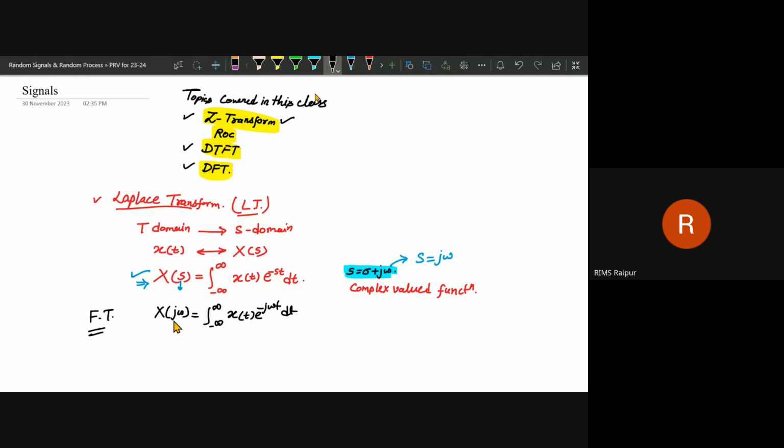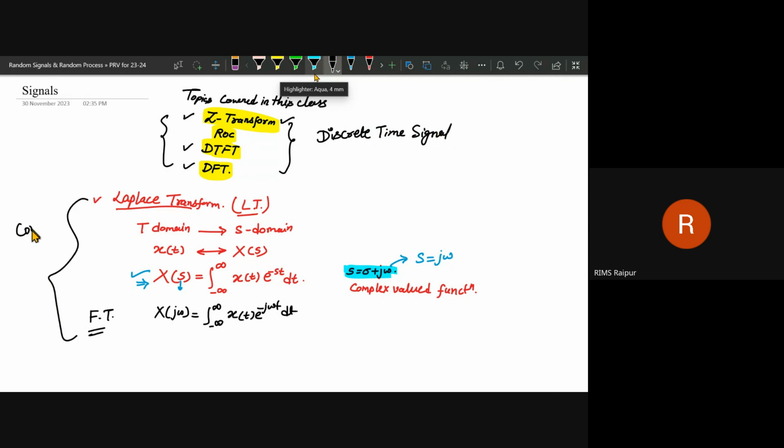Both Laplace and Fourier transformation techniques are used to convert a continuous time signal into its equivalent frequency domain representation. Now here we are going to discuss the Z transform, DFT and DTFT. Basically, these transformation techniques are for discrete time signals, whereas the Laplace transform and Fourier transform are for continuous time signals.